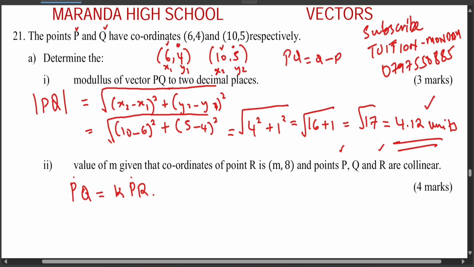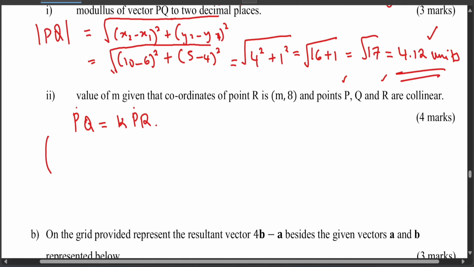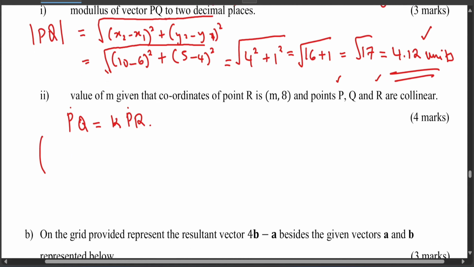So PQ, kama vile tulivyosema, ni Q minus P. So if you want, I can write it again here. Okay, so let me just do this again. Sorry, naifanya tena.